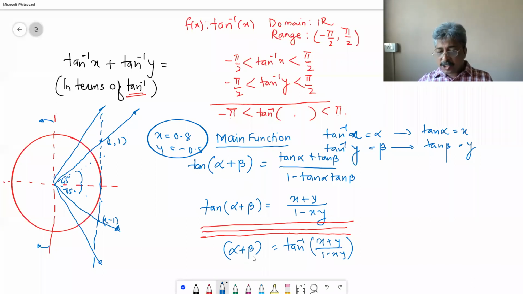Can I get alpha plus beta is equal to pi by 2? Yes, of course. So let me try. If x is equal to 1, if y is equal to 1, yes, of course I will get pi by 2.